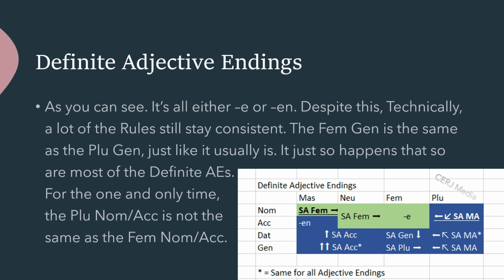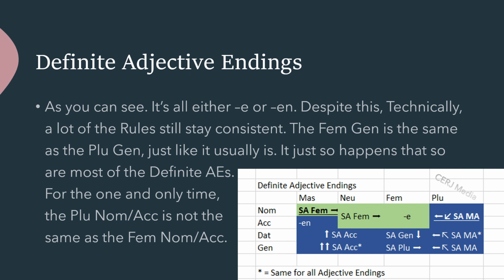Oh, speaking of exceptions, we are breaking our rule. This is the one and only instance. For the one and only time, the plural nominative and accusative is not the same as the feminine nominative and accusative. In all other instances, for pronouns, relative pronouns, everything else, the indefinite and unpreceded adjective endings, the plural nominative and accusative are the same as the feminine nominative and accusative.